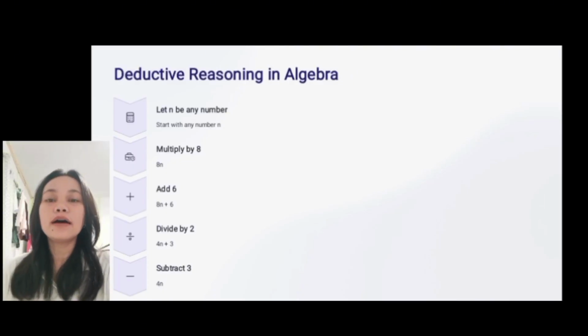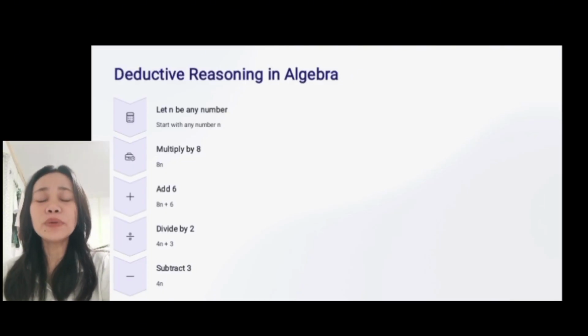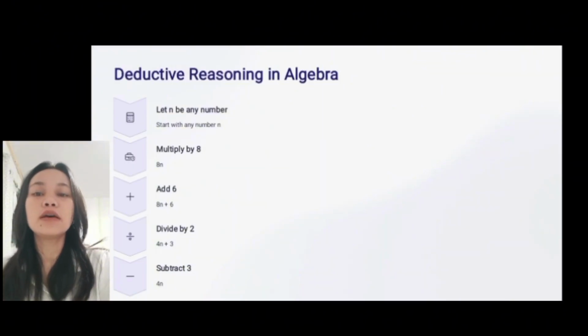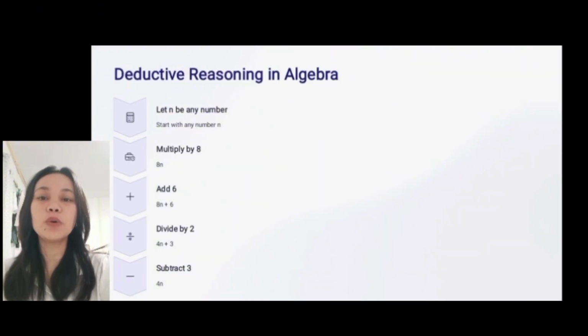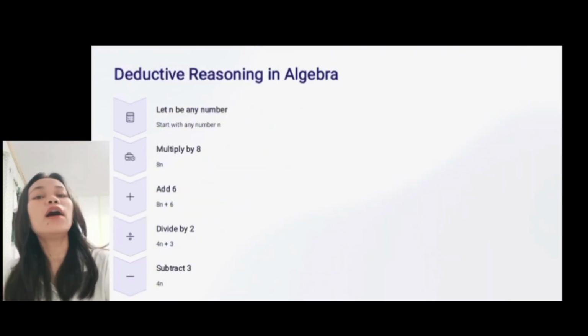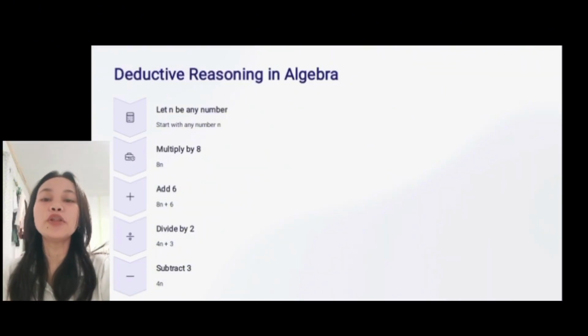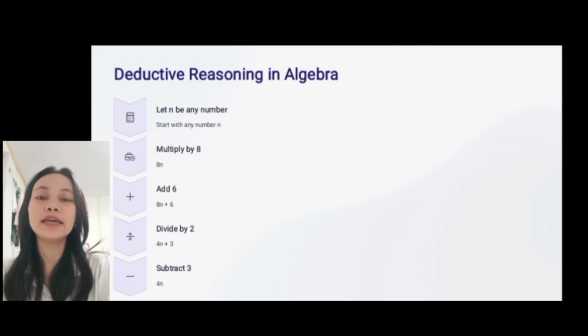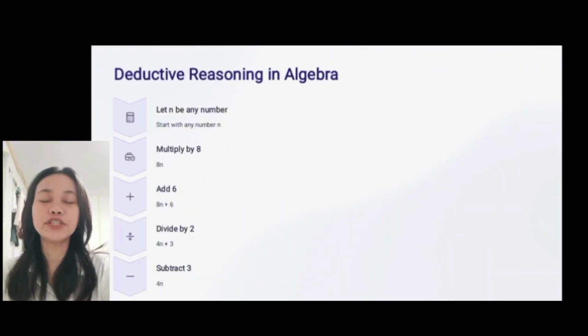Next, we divide by 2, so 4n plus 3. Next, we subtract 3. So the final answer is 4n. We notice that whatever number we choose, the final result is always 4 times the original number.